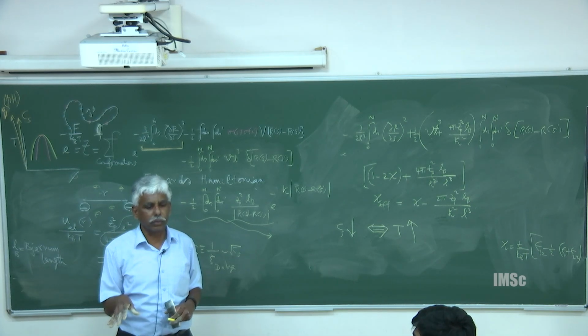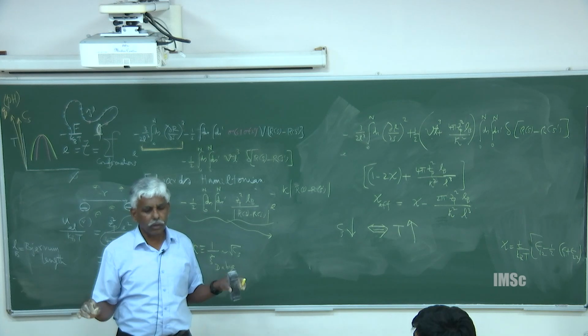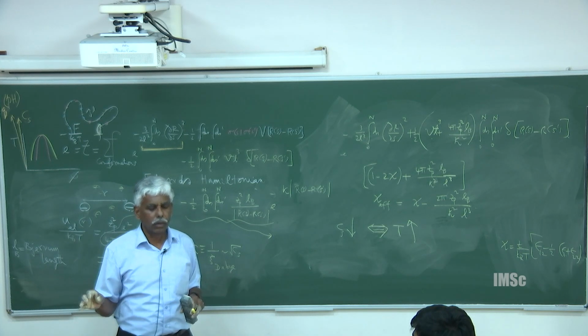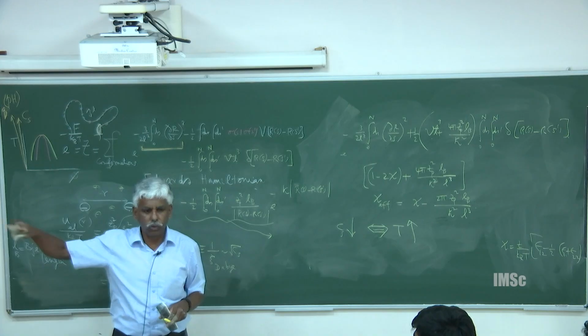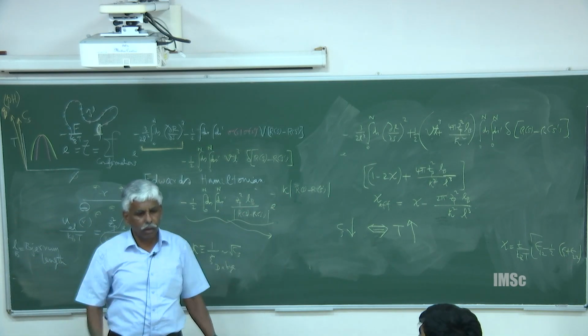Protein is a heteropolymer because there are 20 amino acids, right? And DNA is a heteropolymer because there are 4 nucleotides that can come in different ways. Homo means every monomer is identical. You can have a homo RNA, suppose you have only uracil, that's a homopolymer, or poly A.